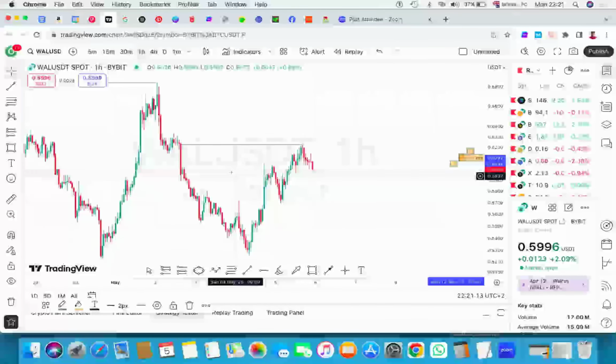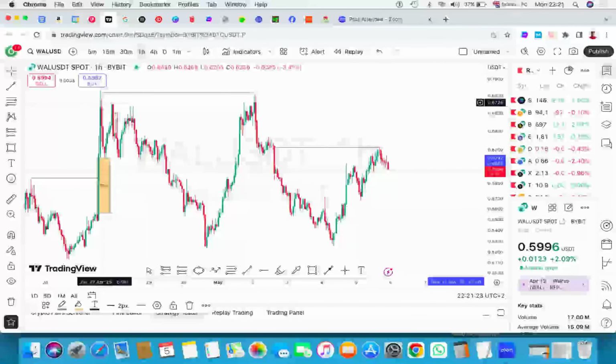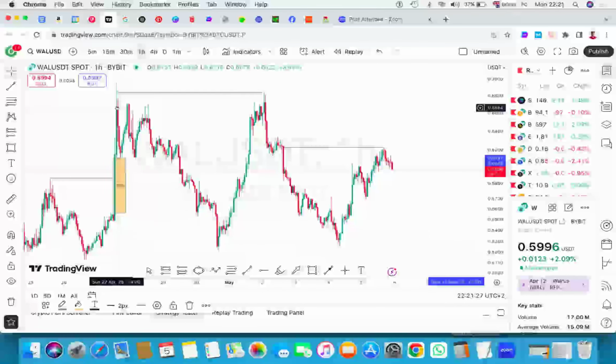For example, you know that here we have two blocks of structure, right? So we have this structure from where the trend changed, and there was this pullback leg, and there was this impulsive move to the upside, and the market created this last one here, right?